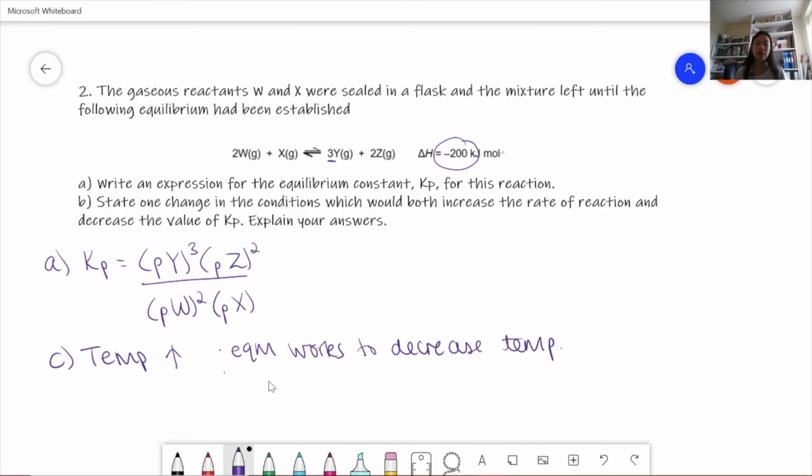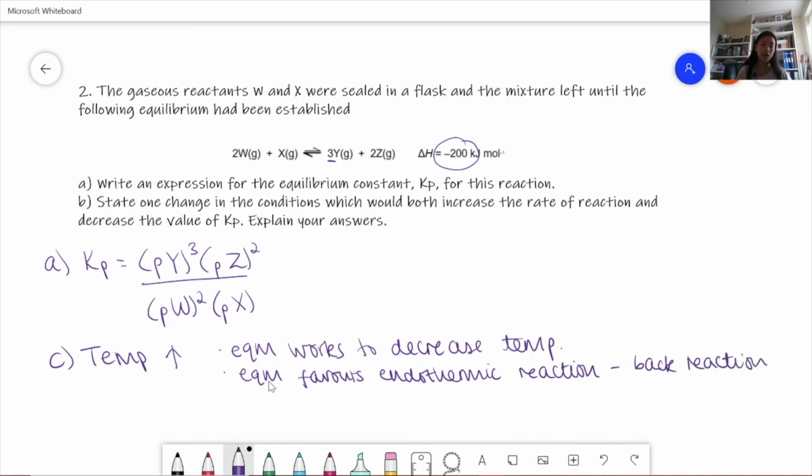And it does this by favouring the endothermic reaction, and in this case that is the back reaction. So we know that equilibrium shifts to the left, and therefore we have more reactants, and so the Kp value decreases.